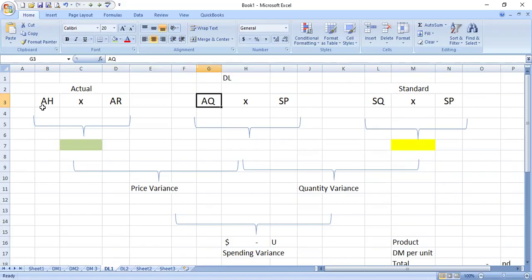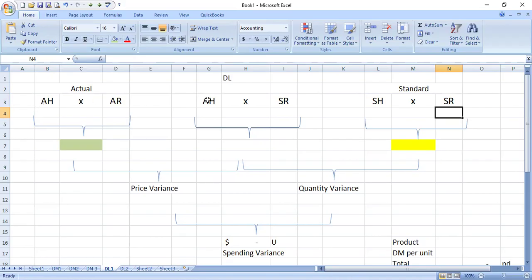Now here we're going to stay with the same idea as before for the material. Here we're going to have actual hours. Here we're going to have standard rate. And on the very right side, we're going to have the standard hours times the standard rate. That's how we're moving from the material into the labor.